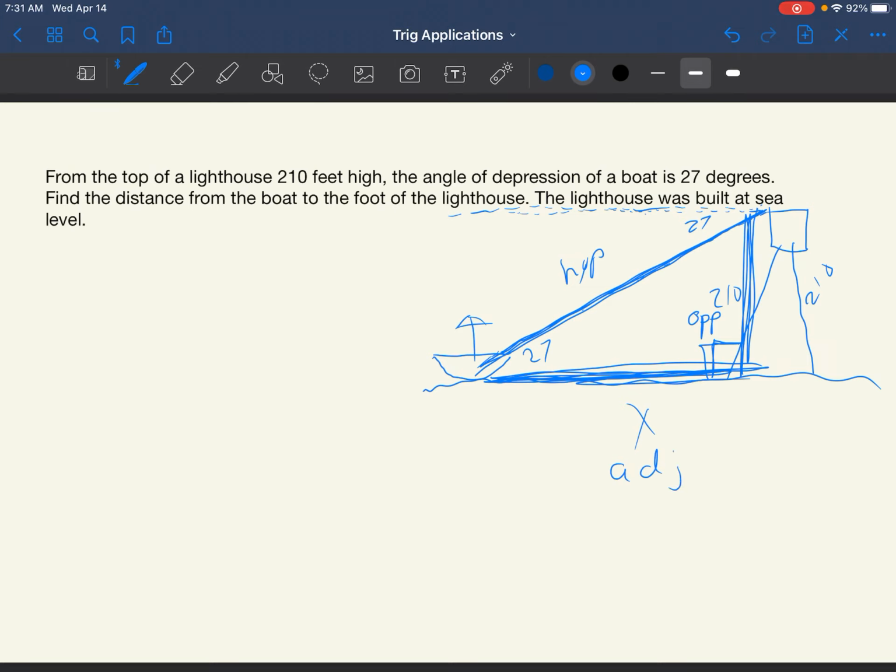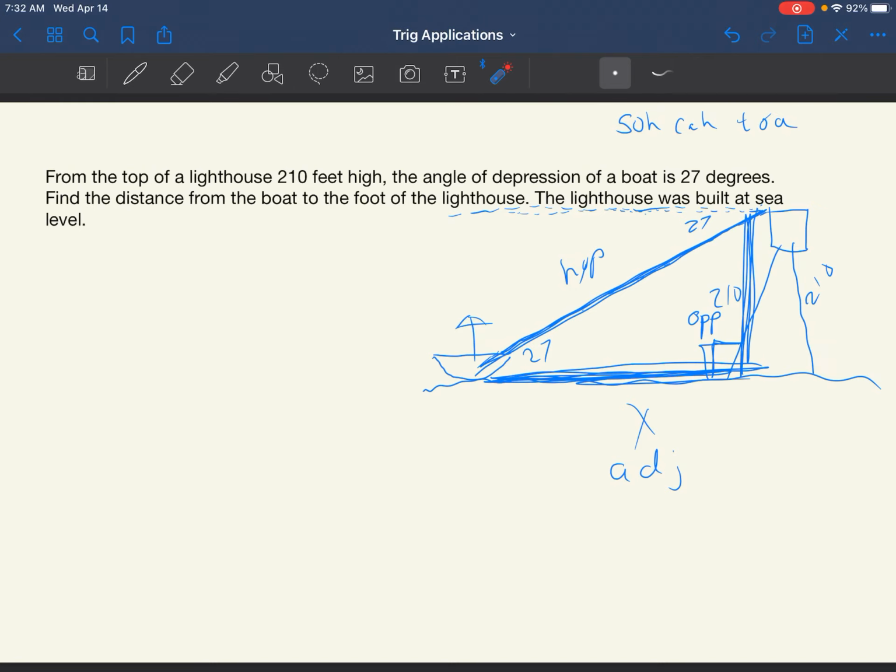And now I can set up an equation and solve this. So I'm going to put my SOHCAHTOA up here. That reminds me what sine, cosine, and tangent are, and I'm going to determine which one to use.